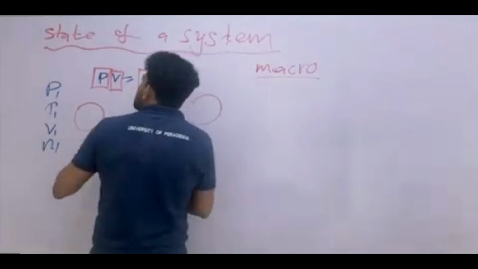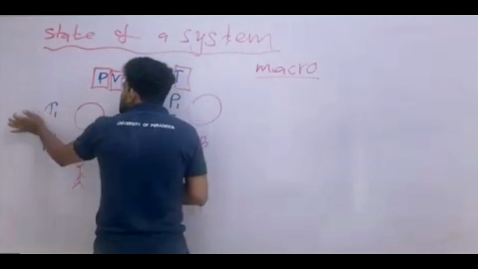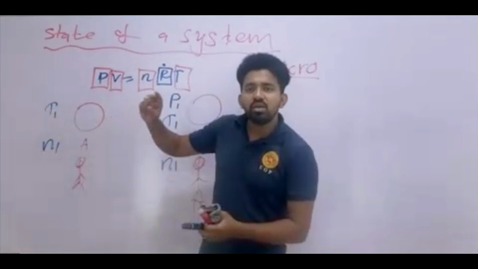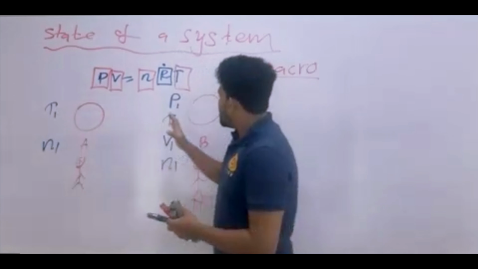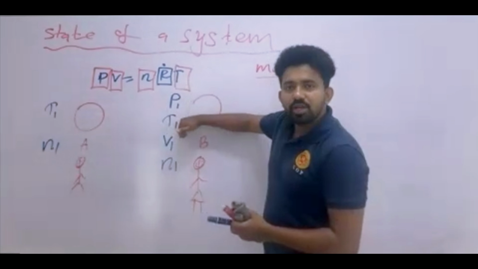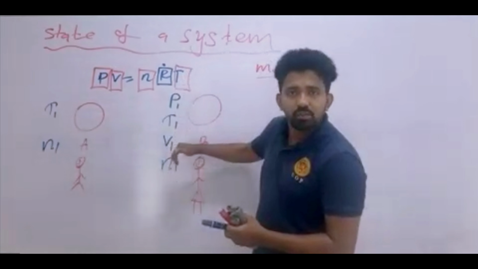Now here we measure the temperature, not the pressure. For A, we only measure the temperature and the number of moles. For B, we measure pressure, temperature, volume, and number of moles. It measures all the variables.